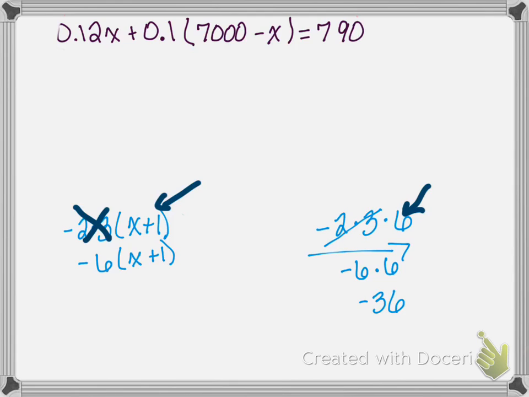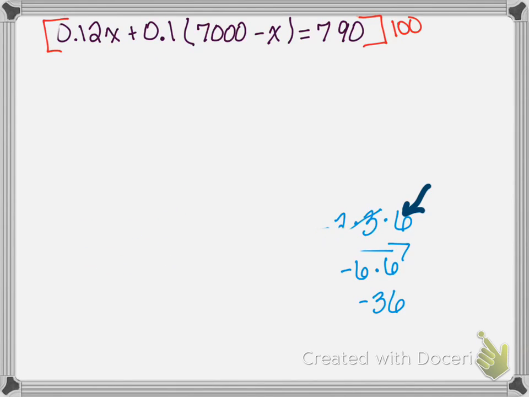Now, the fact that I've got this 1/10 right here, that's going to be dealt with fine because I'm multiplying by 100 because 10 goes into 100. Okay, so I am multiplying everything times 100. Okay, so I'm going to erase all this.